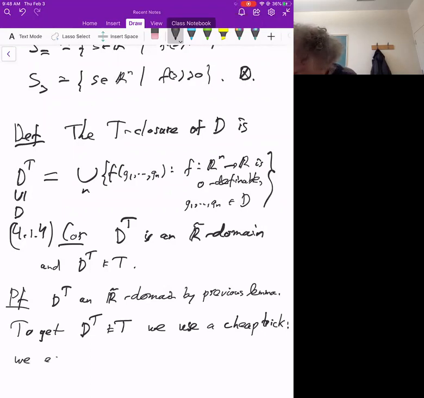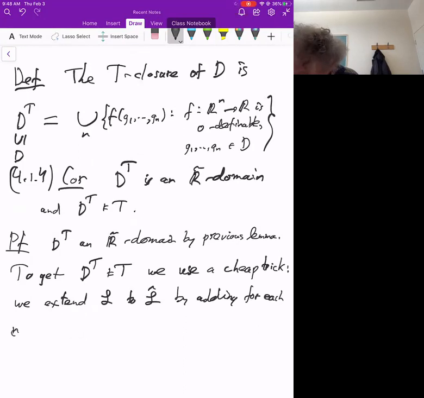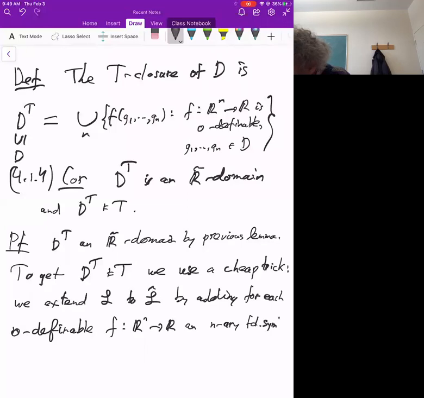We extend L to a bigger language, let's call it L hat, by adding for each zero definable n-ary function f a new n-ary function symbol, which for simplicity we also just write as f.